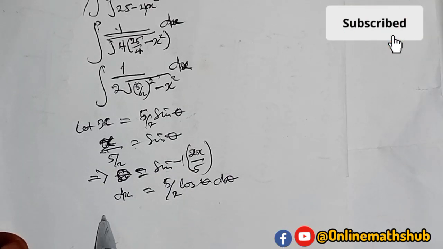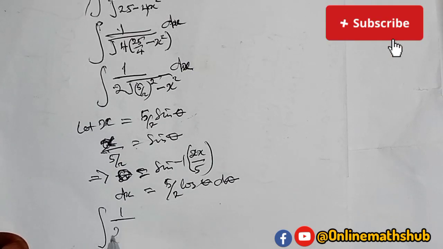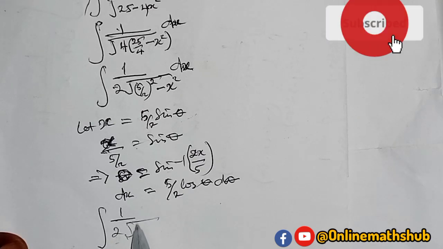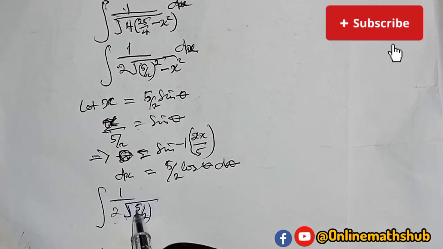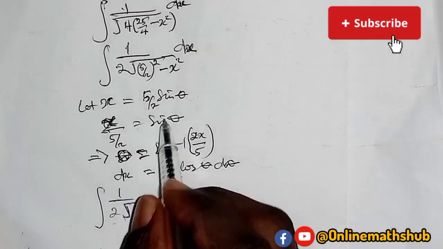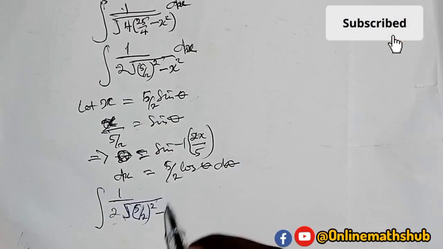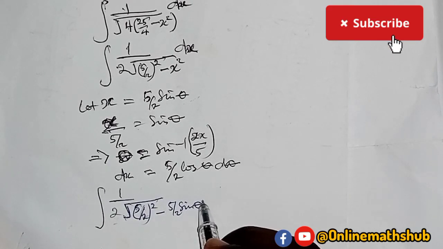If I do that, my integral will change to 1 over 2, and then the square root of 5 over 2 squared, minus my x, which I've set to be equal to 5 over 2 sine theta, also squared.